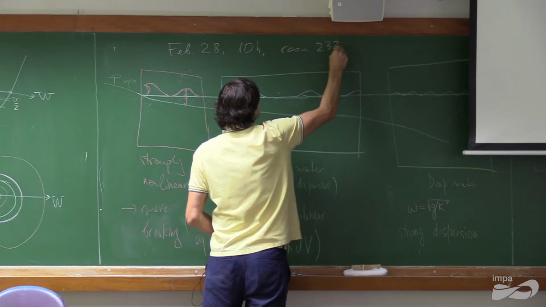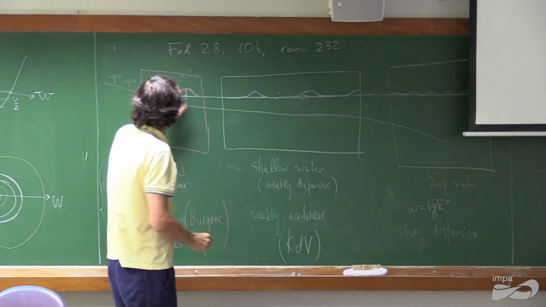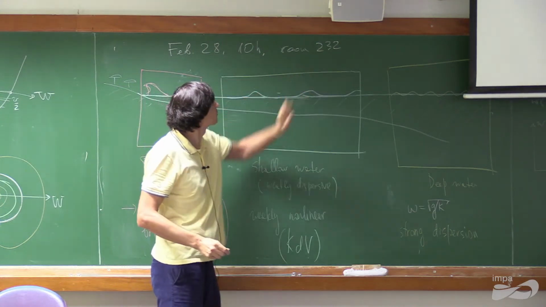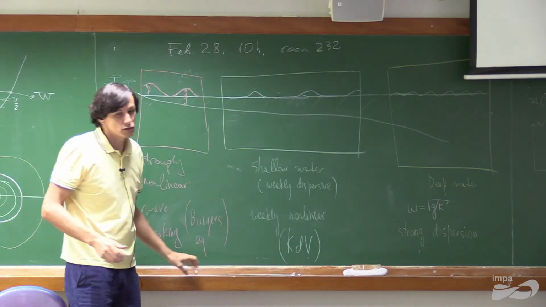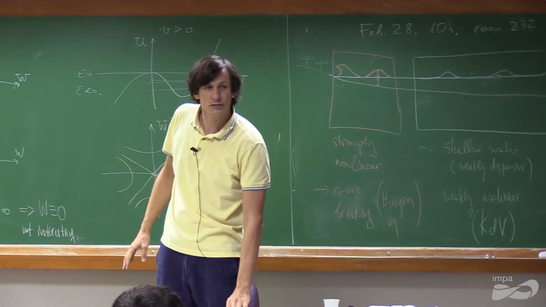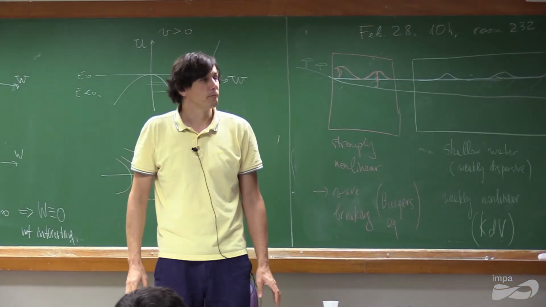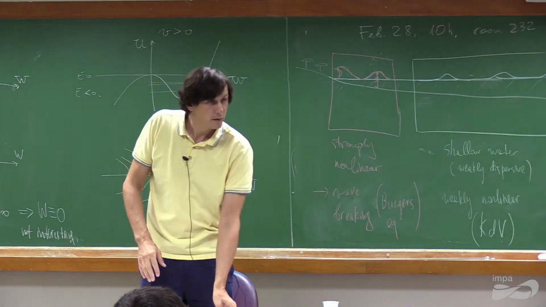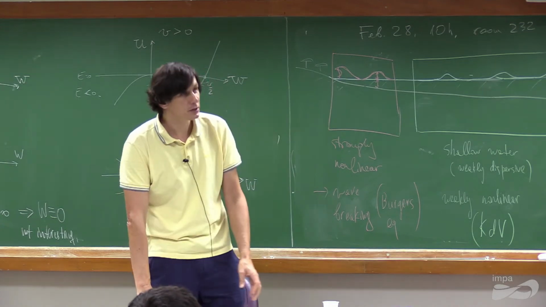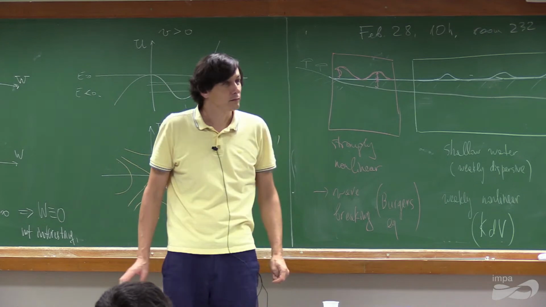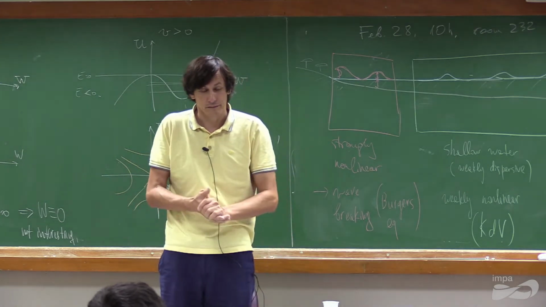It's room 232, right? 232. So, fevereiro 28, 10 horas de manhã, 232. So you just come, don't worry, just look at all the material. You can bring all the notes. I don't give any limitation, and just count on several hours that you may spend here, and then when we finalize.